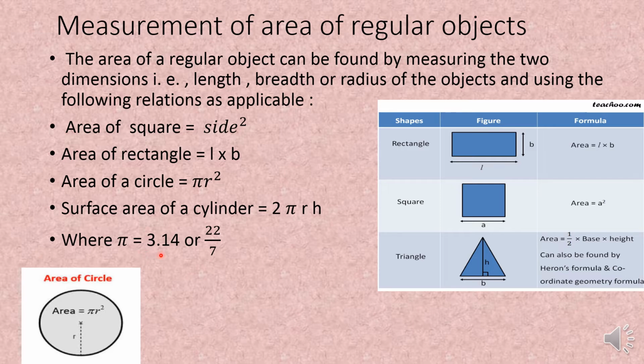It is fixed children. Whether it is given or not, it will always be 3.14 or 22 upon 7. Right children? So by substituting the values in these formulas, we can easily find the area of any regular object whose shape is defined.